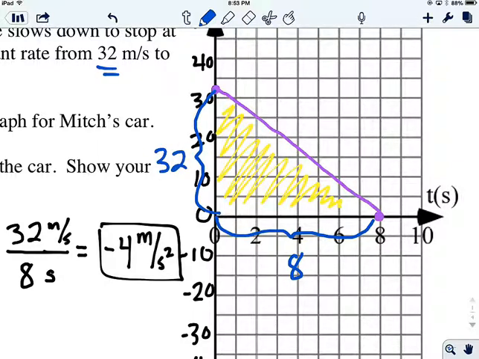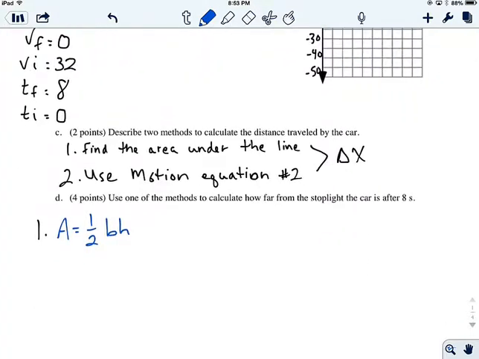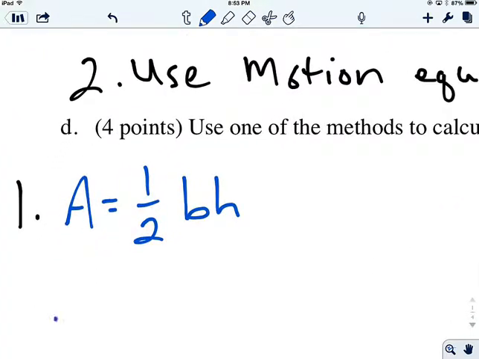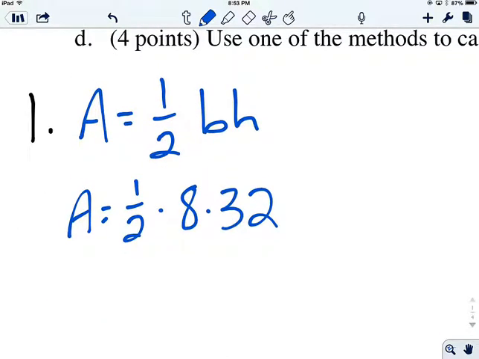Remember, I got that number right there, 32. So it's going to be area equals 1/2 times 8, that's my base, times 32. Here's a great way to rewrite this, guys.